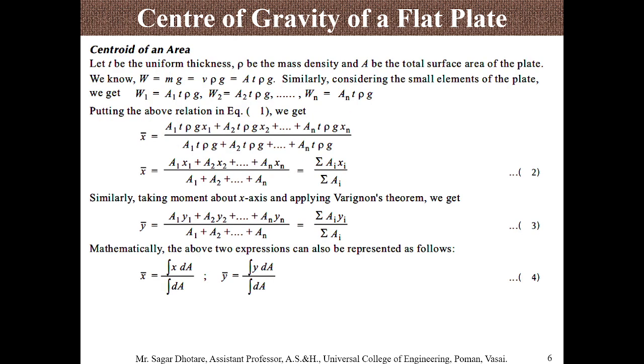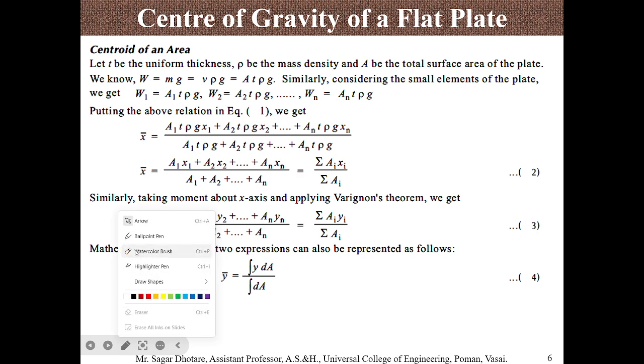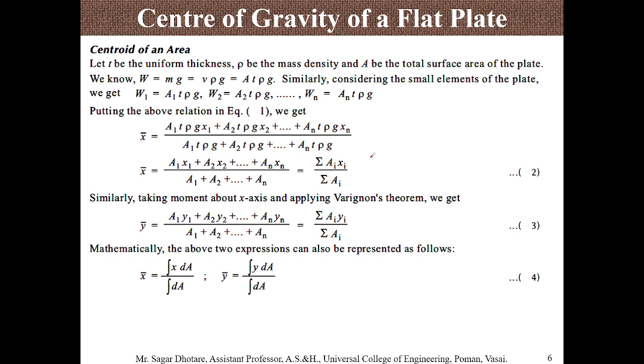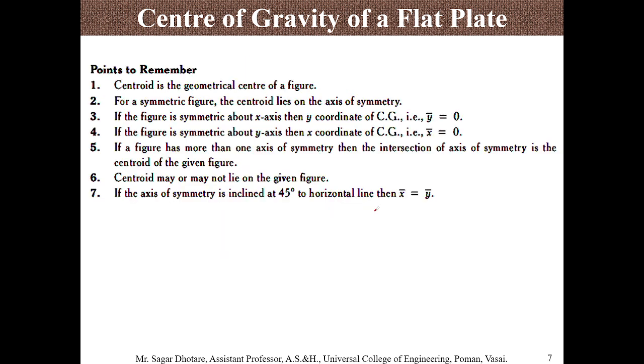First of all, we need to understand these two equations to calculate the x coordinate and y coordinate. These two equations are important. Next, remember whether the geometry is symmetric about any axis. If it is symmetric with the x-axis, the y coordinate will be 0.